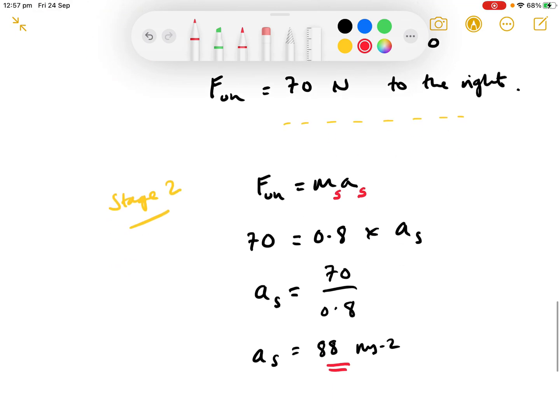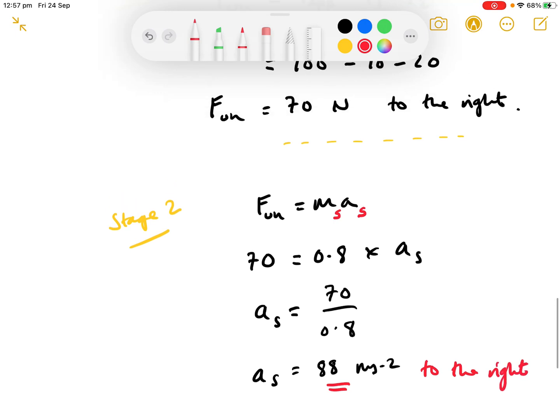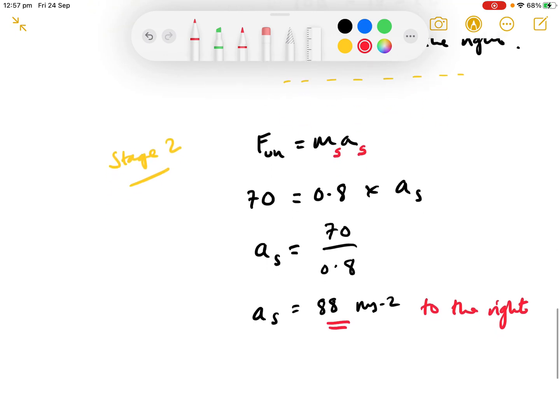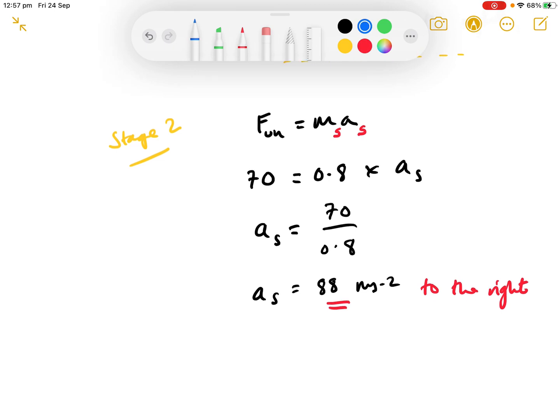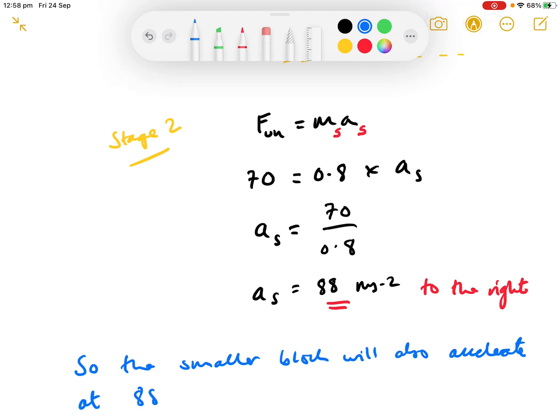That's a pretty big acceleration actually. And that's to the right. And there's our answer then. That's the acceleration of the system. Now we're not quite finished because the question actually said, what's the acceleration of the smaller block? So to finish off, the smaller block will also accelerate at 88 meters seconds minus 2 to the right.